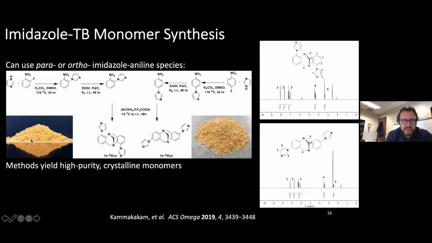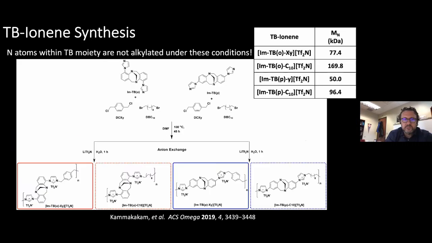So these methods are giving us nice crystalline monomers. It's quite straightforward, and we can see from the NMR that these are quite pure. I was actually very happy that this was so straightforward and easy, because we already had these molecules from other work. So this was a nice way to use those again to make a different type of structure.